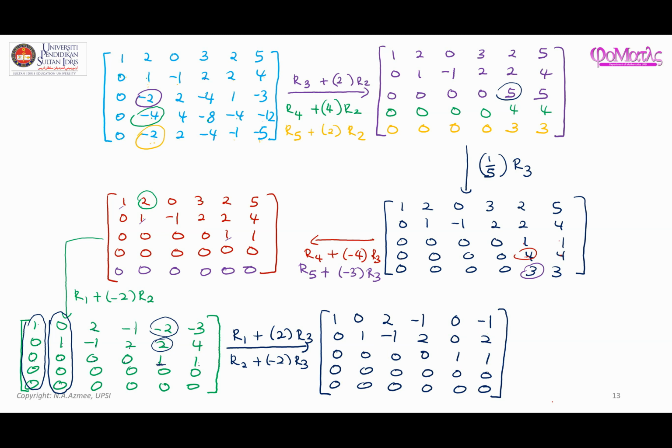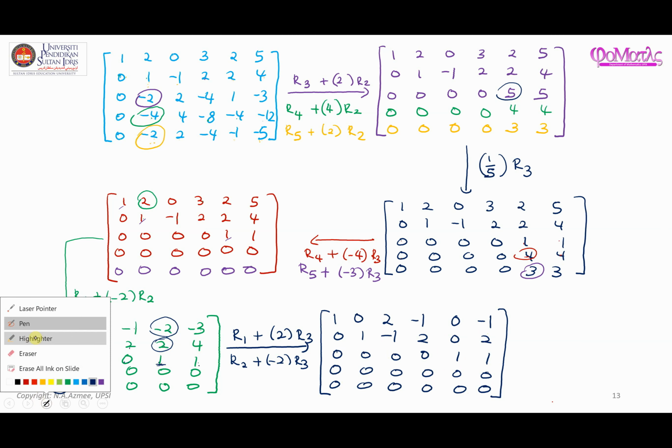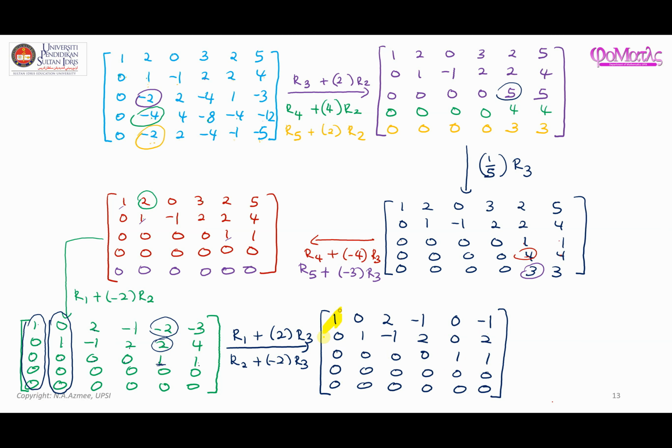Okay, all right, and I hope you can see clearly that this is the column of leading 1, this is also the column of leading 1, and this is the column of leading 1.